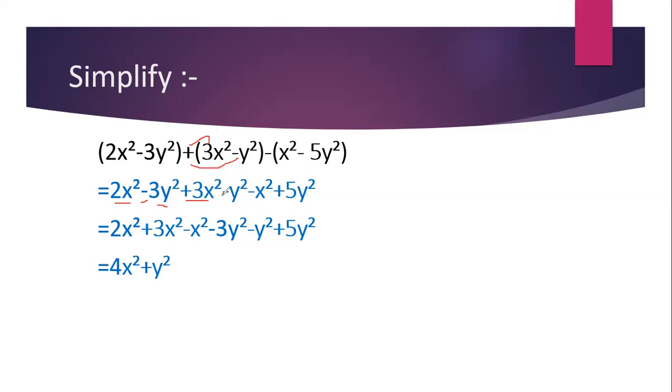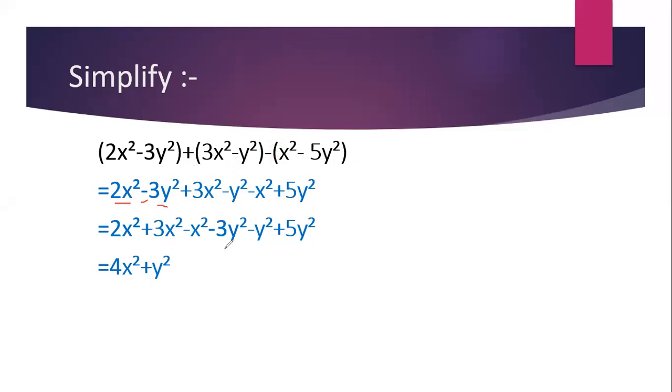Now, plus minus minus y square. Simple. Now, by removal of these brackets, we have to multiply the signs. So, minus plus minus x square and minus minus plus 5y square. Clear everybody? It's very important step.